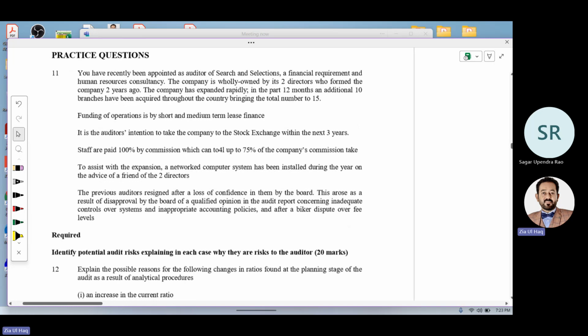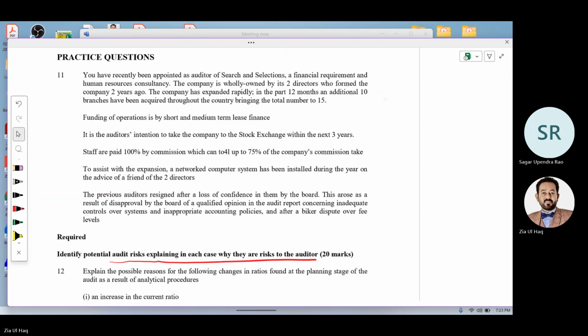From this question, you have to identify audit risk. Can you identify by yourself?